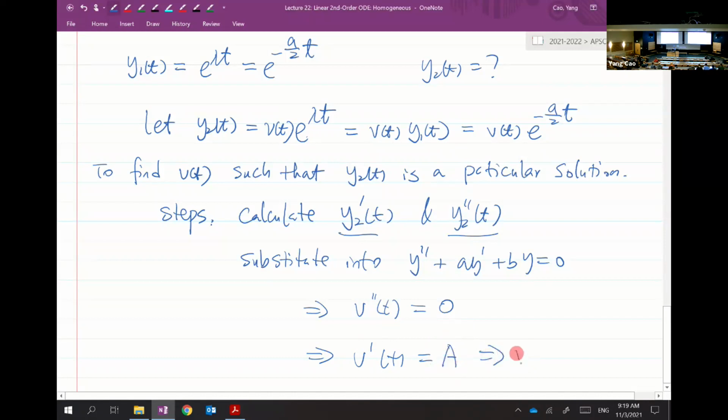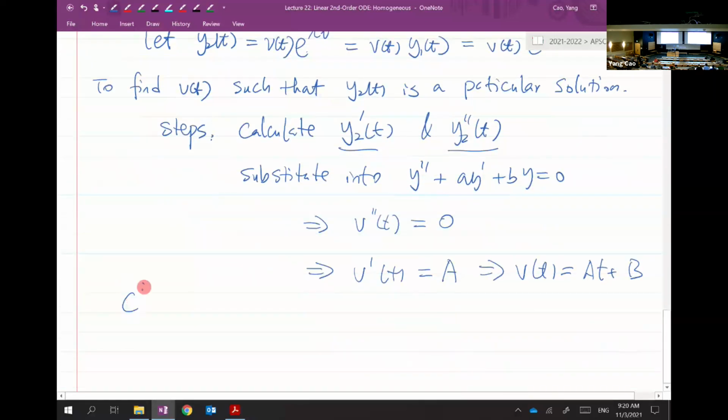And that also means the function itself must be something like this, a t plus b. Now, you're not looking for a general solution for v, as long as I can find one solution for the v of t, then I'm happy. And I don't need a very complicated one. So in this case, I'm going to choose v of t just to be t.